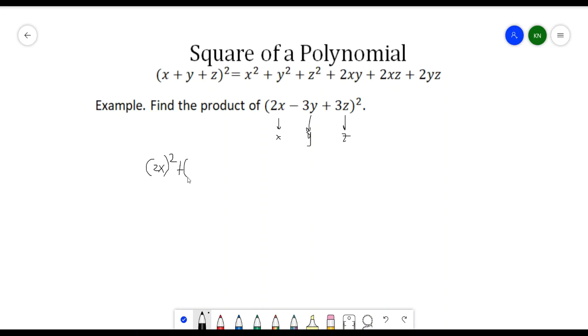plus negative 3y squared plus 3z squared plus 2 multiplied by our x, which is 2x, and multiplied by our y, which is negative 3y.